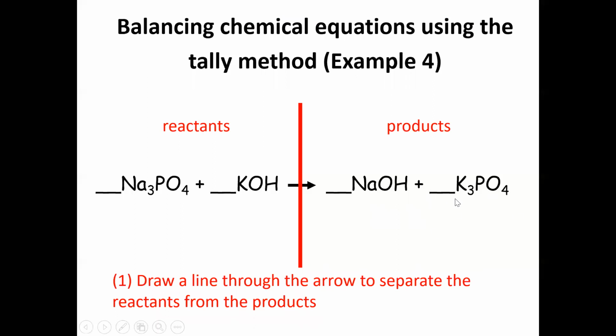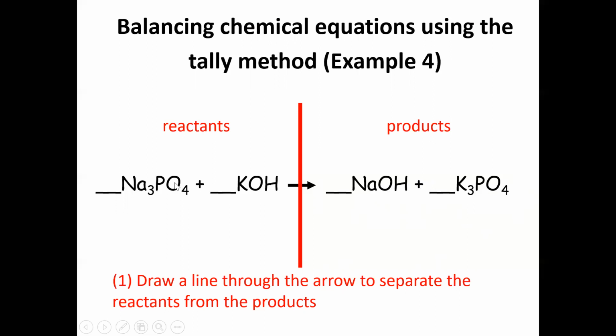So in this, what does that mean? Well, this answer here, can you see that oxygen appears in sodium hydroxide, but it also is over here in potassium phosphate. For that reason, definitely do not start with oxygen because it's in more than one formula on the same side.